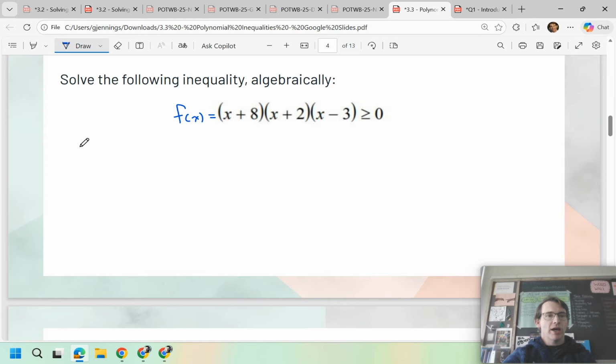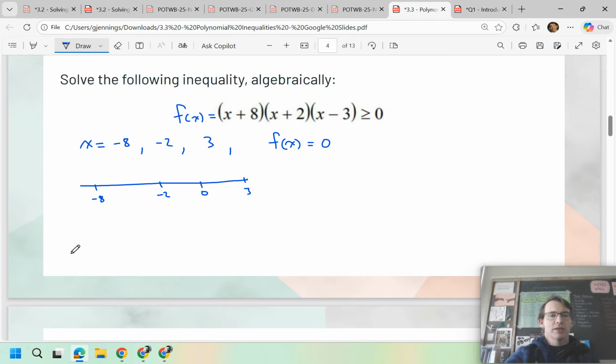I know that when f of x equals 0, there's 3 values. What are the 3 values? Great. Excellent work. So now we're going to just put those on a number line here. So I got 0 over here, I've got 3, I've got -2, and I've got -8.